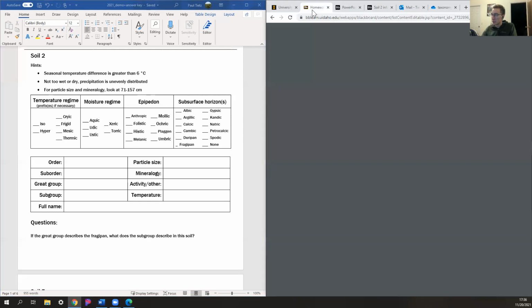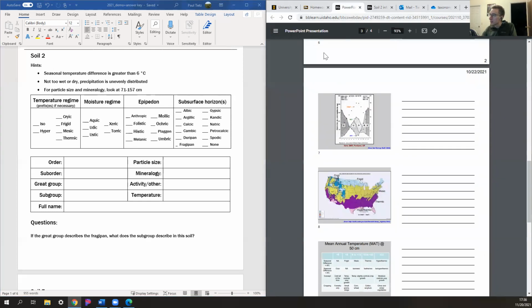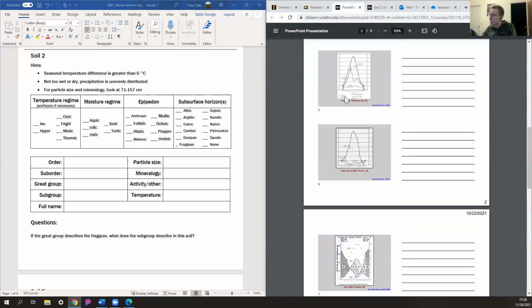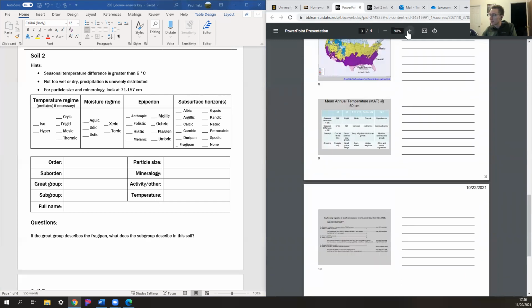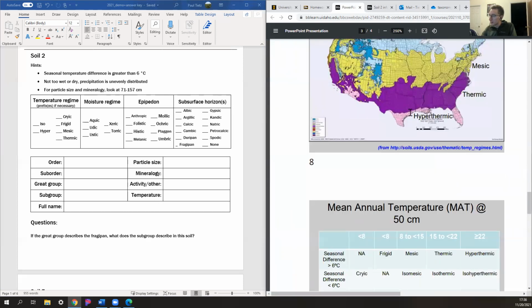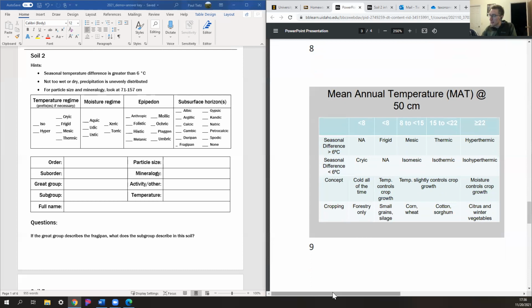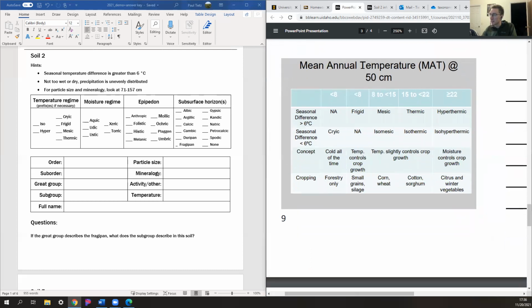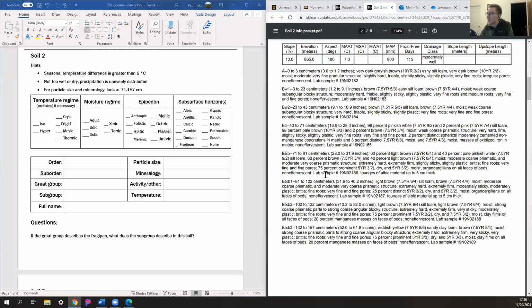So we're going to go over to lecture 17, which Jody has posted for us, and we talked about this in lecture. Let's zoom in on this temperature table here. Mean annual temperature at 50 centimeters deep in the soil is not necessarily what we have. So I'm going to flip back to our soil info packet, which is the next tab right there.